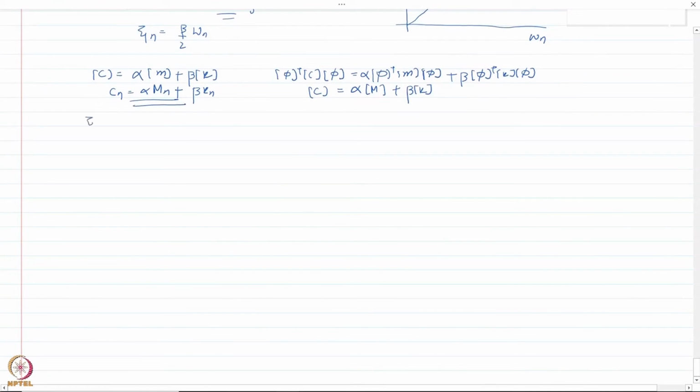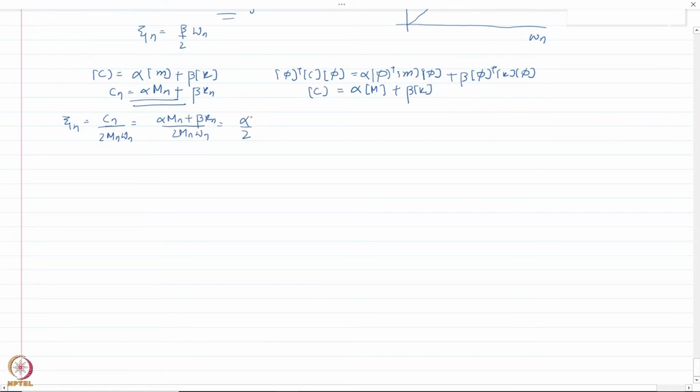So again the damping ratio in the nth mode, zeta n, can be written as Cn divided by 2 mn omega n, and that is equal to alpha mn plus beta kn over 2 mn omega n, and this I can write as alpha by 2.